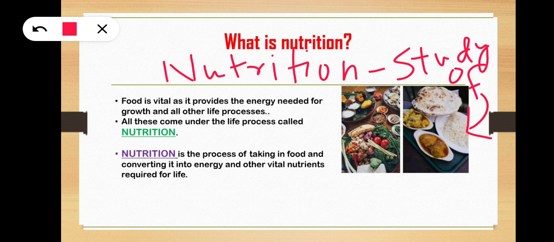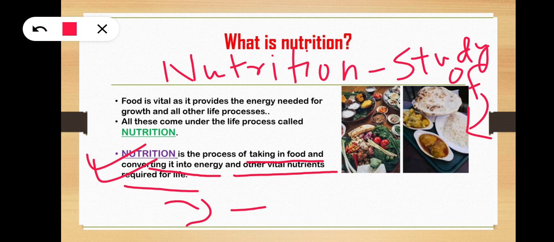So what does this nutrition mean? It can be defined as follows. Nutrition is the process of taking in food and converting it into energy and various other vital nutrients that are required for life. So nutrition is actually taking in food and converting that food into energy.